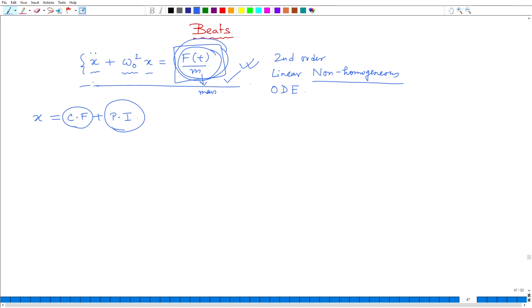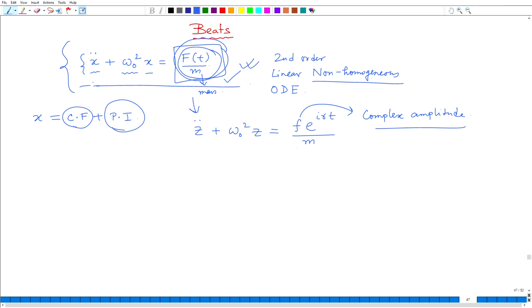So, if you remember that in order to discuss the solutions of this type of equation, we have cast the equation in a complex form, where we said that this is the complex equation and we have some F e to the power i gamma t by m, where F is the complex amplitude which can take care of the initial phase of the forcing as well.